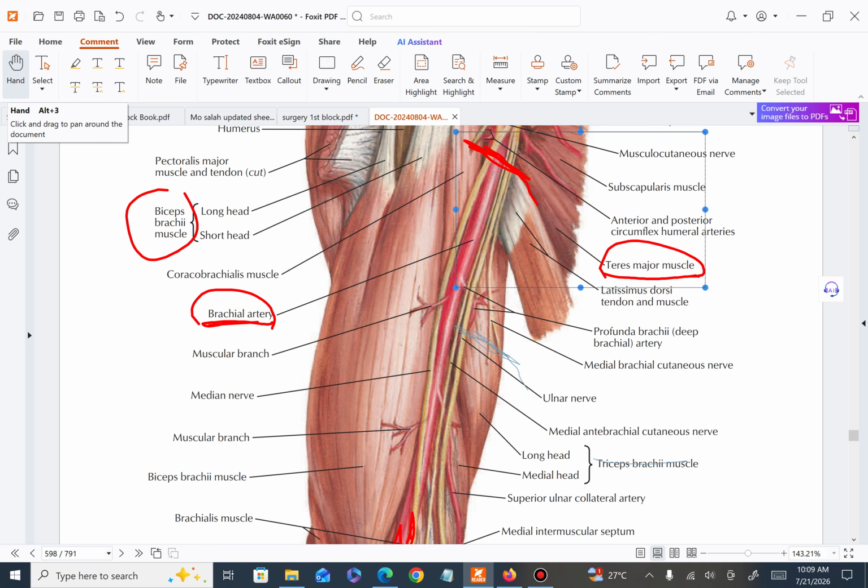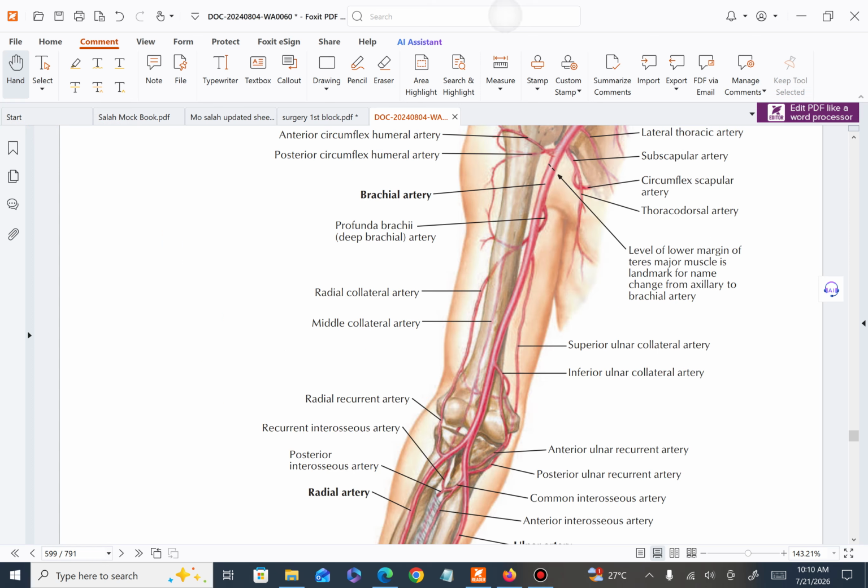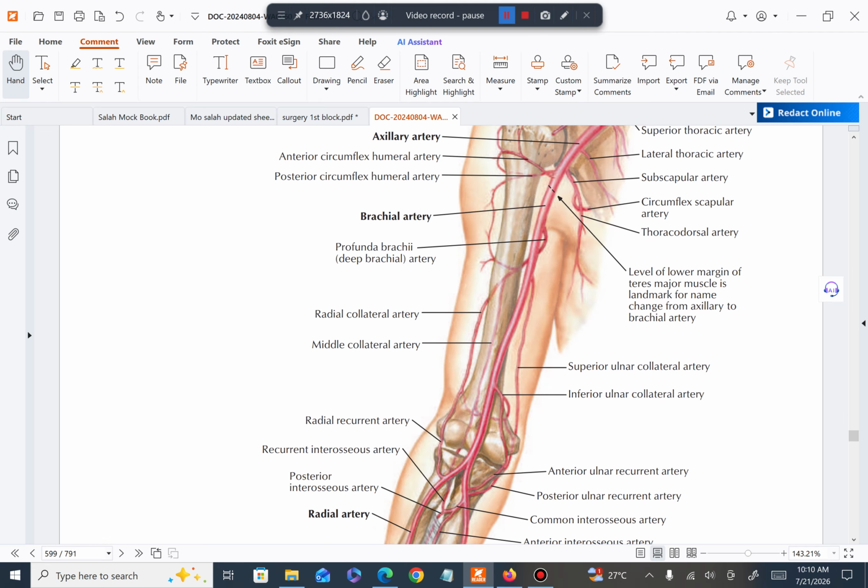Then we will talk about its branches also. So how many branches and which branches does the brachial artery give? The main branch of the brachial artery is the profunda brachii artery.